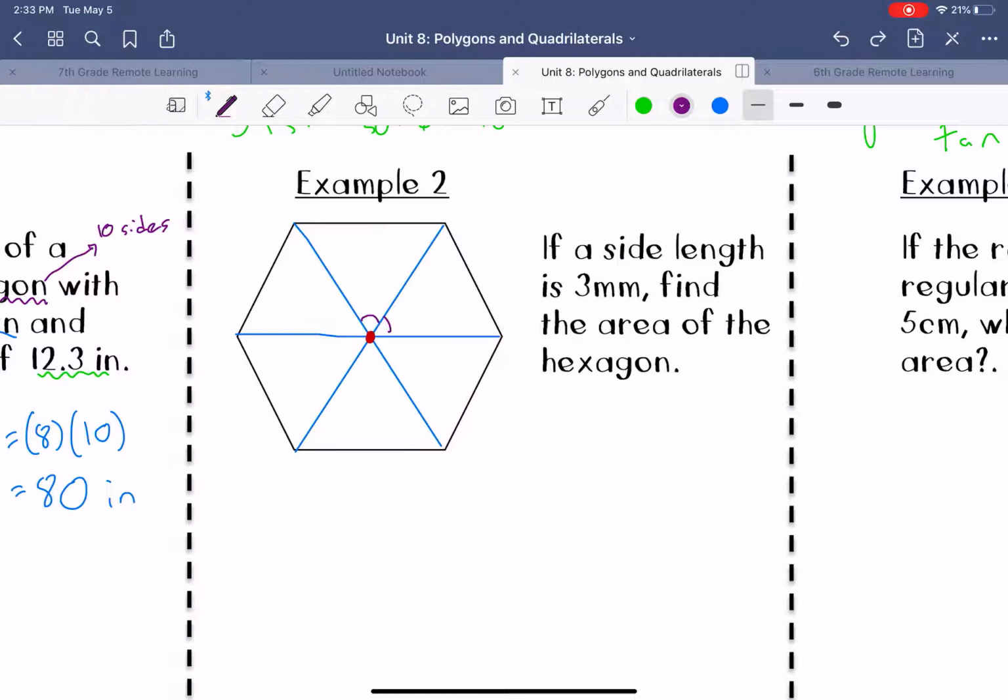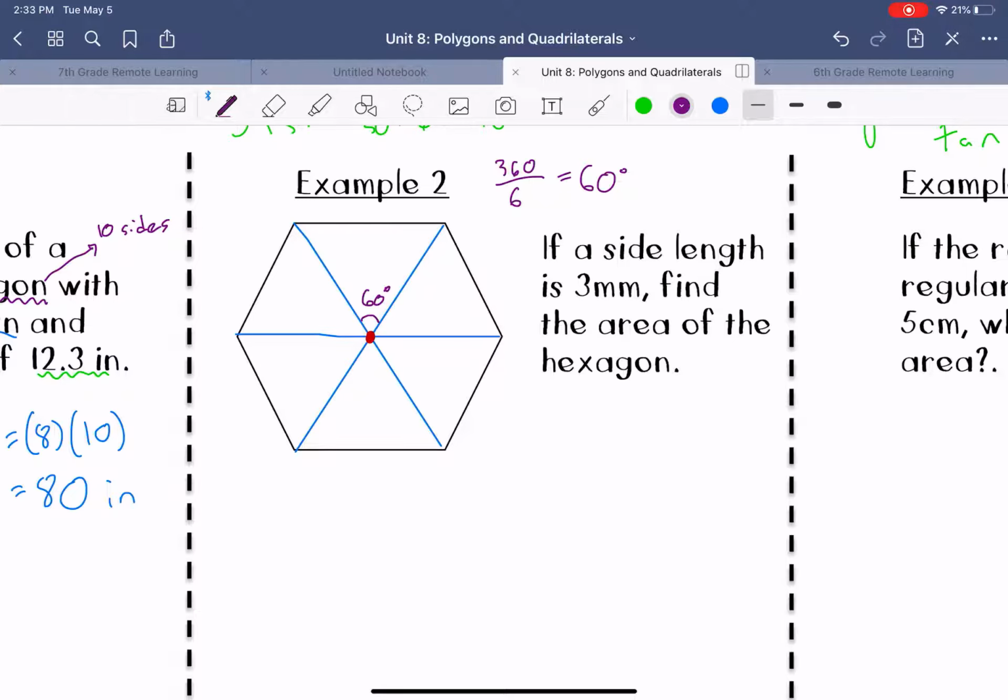The way we find one is we know that a complete circle is 360 degrees. So we're going to take that 360 degrees and divide it by the number of central angles we have, which is 6, since they're all congruent. In this case, a central angle is going to be 60 degrees.